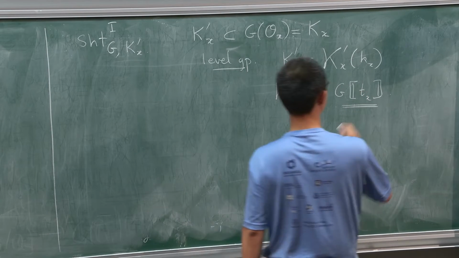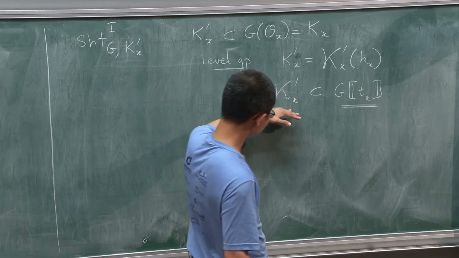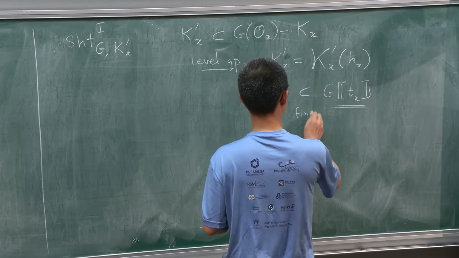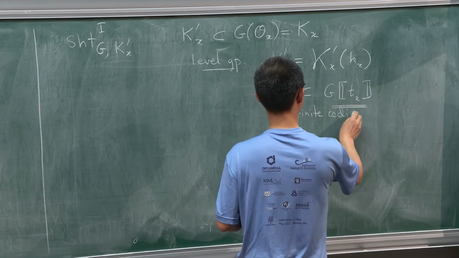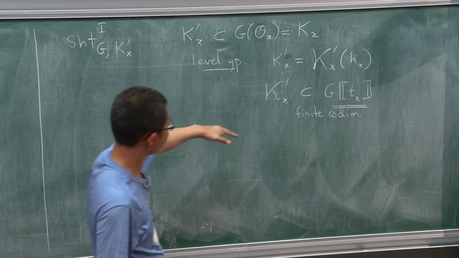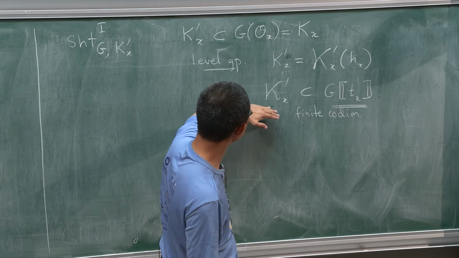So this is the infinite dimensional group, the positive loop group, and K is some finite codimensional subgroup. That's the algebraic analog of compact open in a p-adic group.